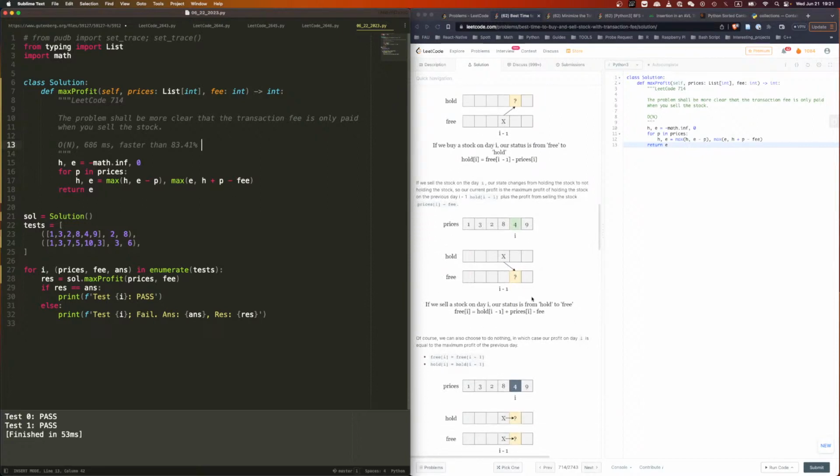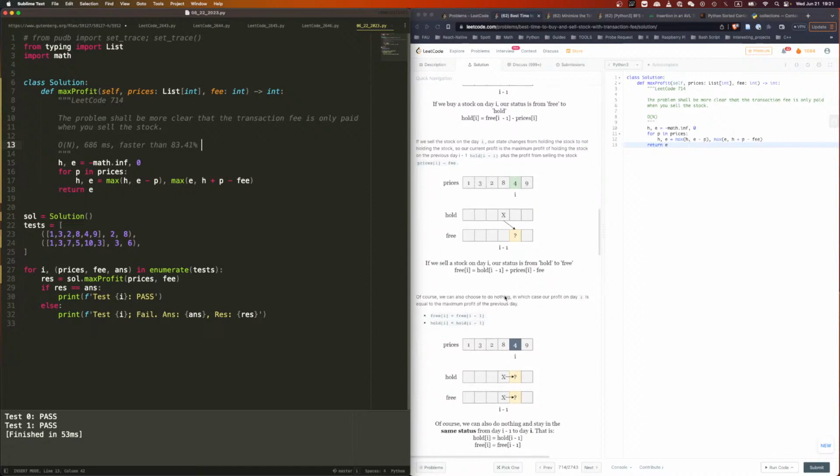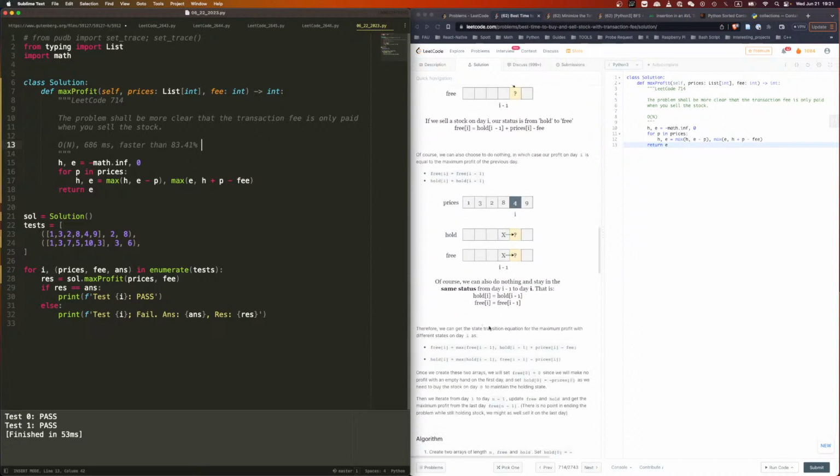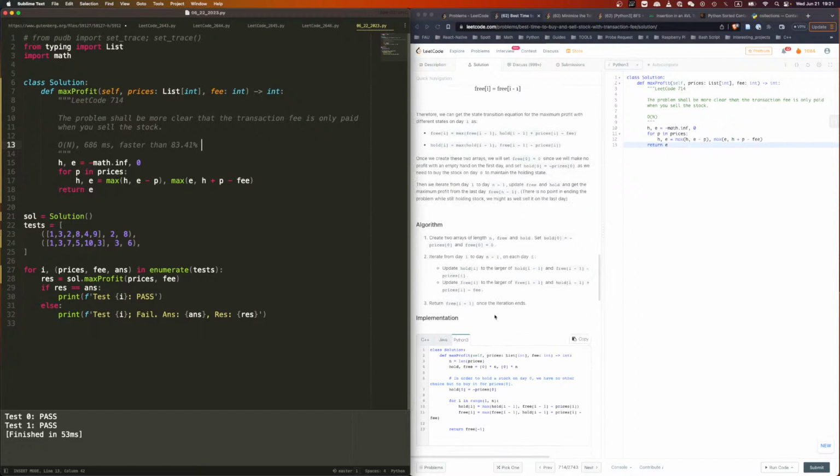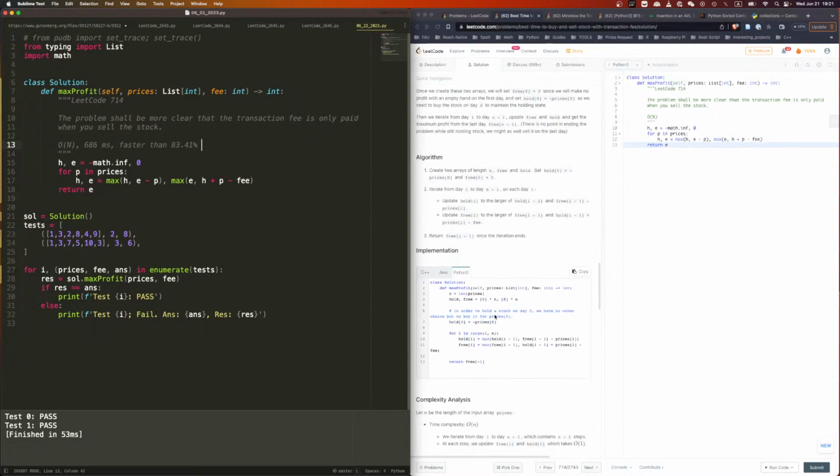Right? So we can also say if we sell the stock, we go from the holding state, which is this, plus price minus fee, and feed into the empty state. We can also choose to do nothing. Therefore, free equals this, hold equals this. Wow, yeah, this author is good.